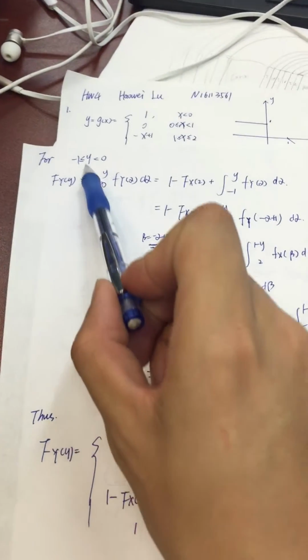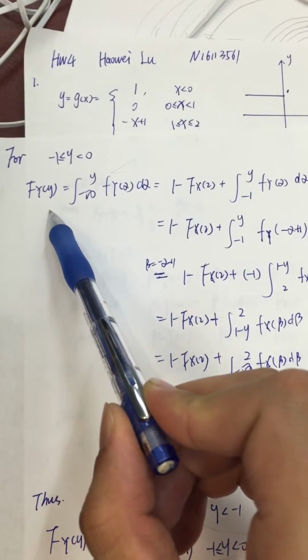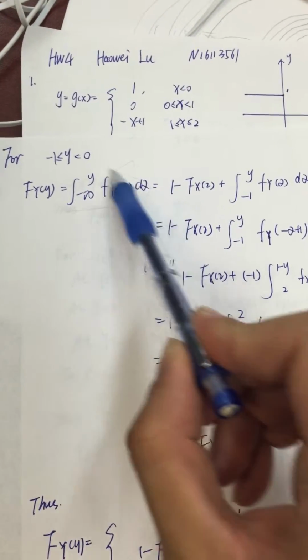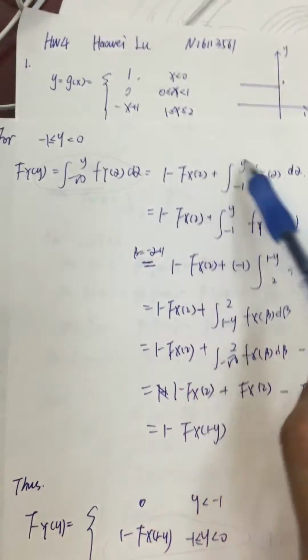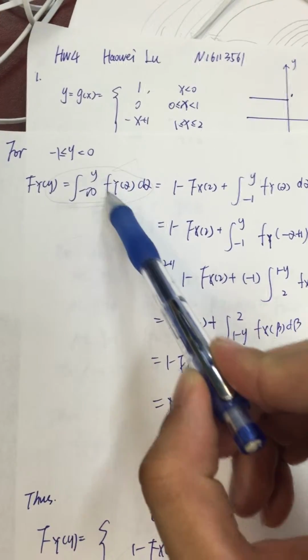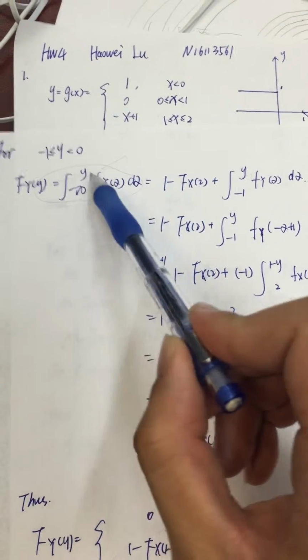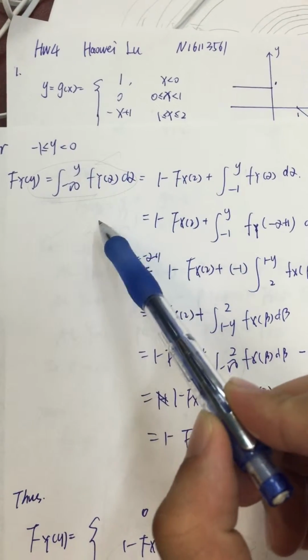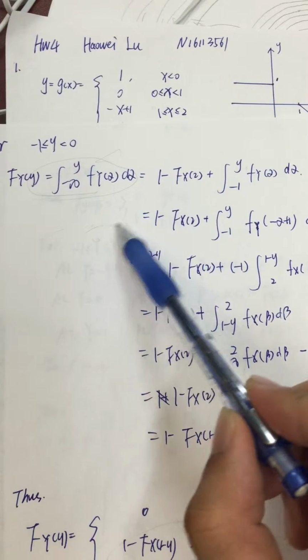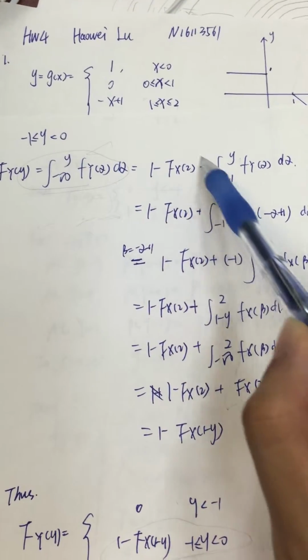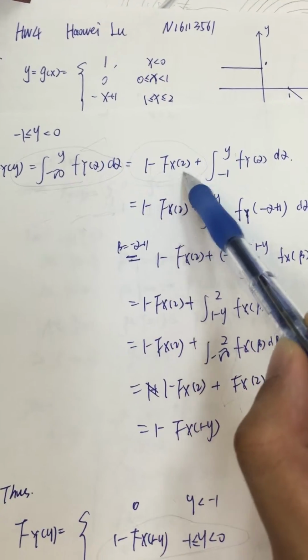So when y is greater than or equal to -1 and smaller than 0, according to the definition, we can separate this into two parts. The first part is from -infinity to -1. Integrating from -infinity to -1 gives 0, and at the point -1 the integral gives 1 minus Fx(2).